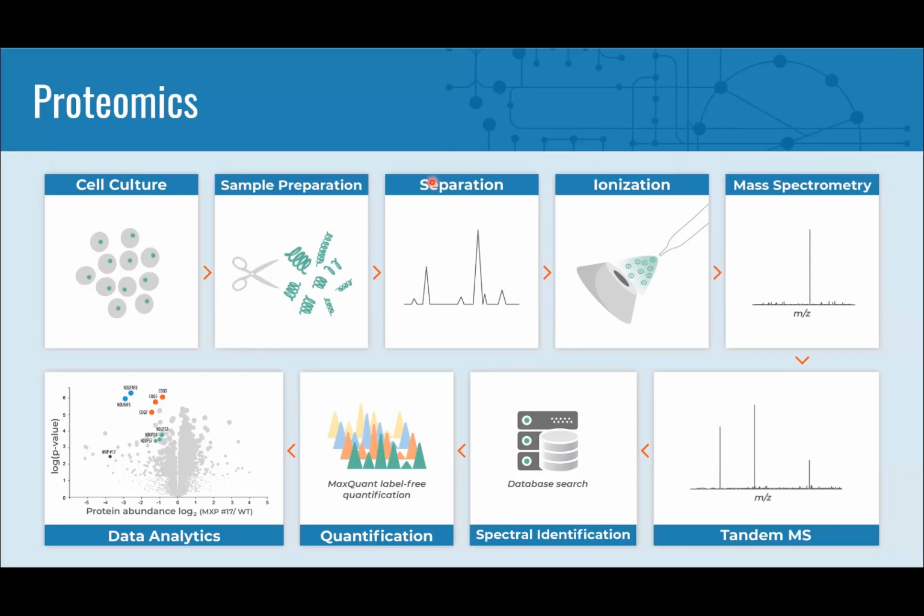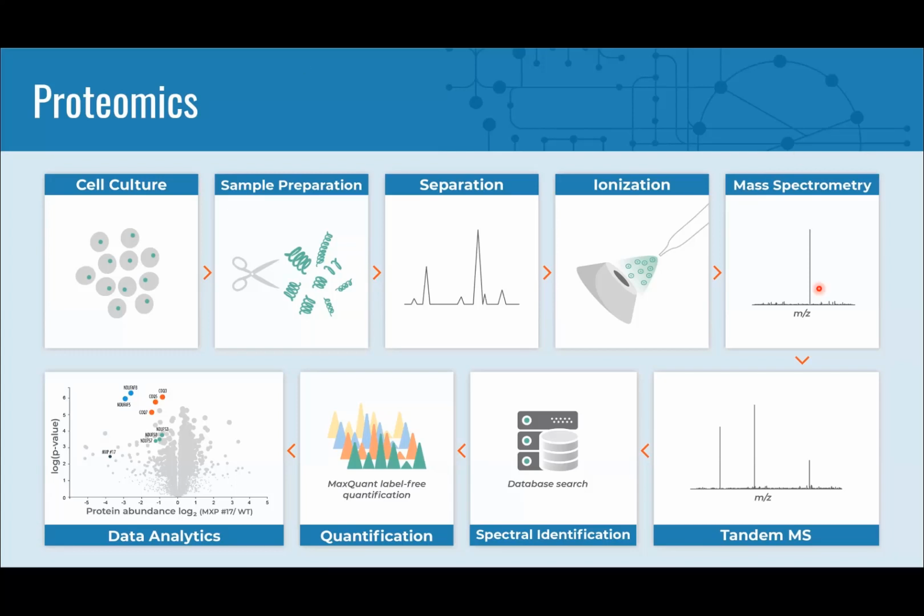But briefly, as I'm sure everyone's aware so far on day 2 of the school, for proteomics we use enzymes to cut the proteins into smaller pieces. Then we rely on separations to sort out that very complex mixture of peptides, and we ionize, typically using electrospray.